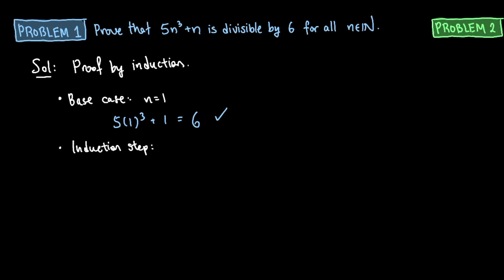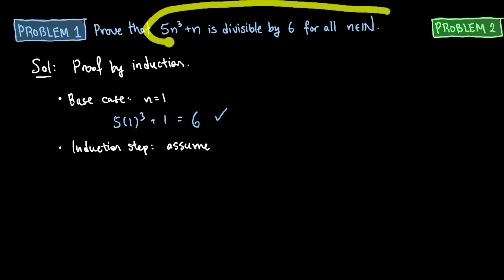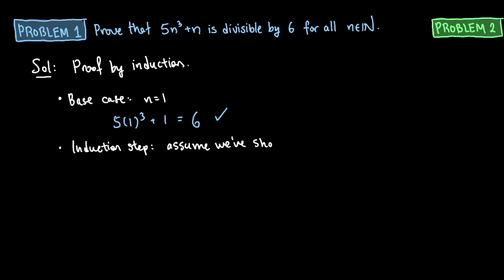Now for that, we assume that we've shown the theorem that we're trying to prove. We assume that we've shown it for some value k, and we show how that can be used to deduce the result for k plus 1. So assume we've shown that 5k cubed plus k is divisible by 6 for some k.